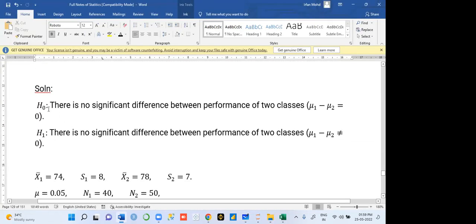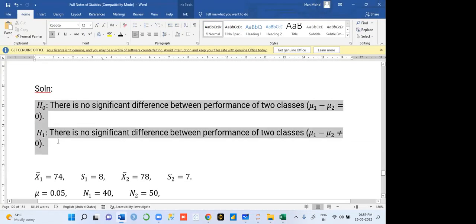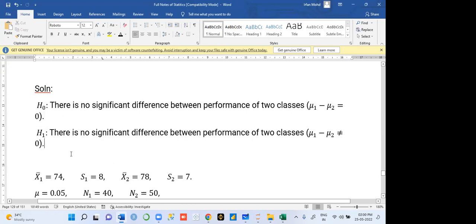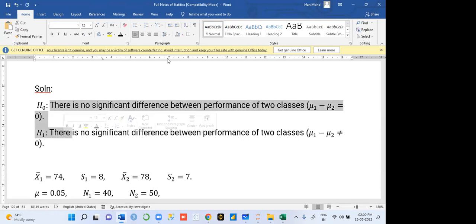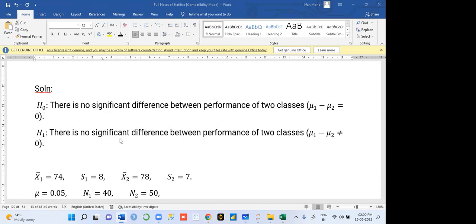So you can write the hypothesis. Guys, write the hypothesis. Sir, is it 2.49 or minus 2.49? Minus 2.49, but it's two-sided, so we have to ignore the sign.